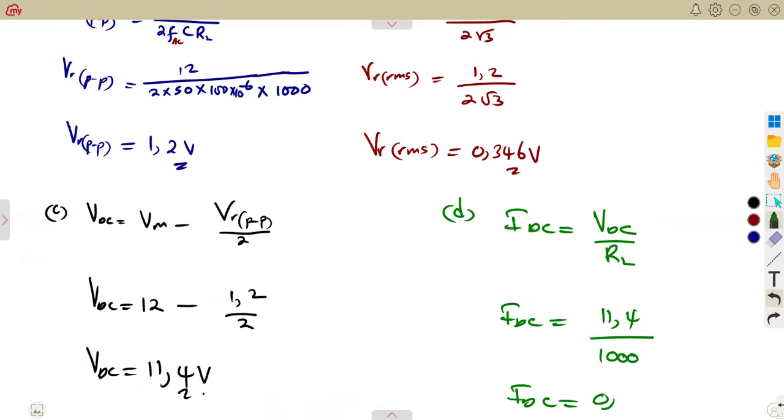That was going to be 0.0114, something like that, which you can write in milliamps. It's going to be 11.4 milliamps if you multiply by 1000.